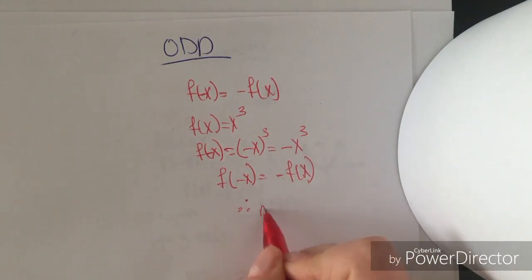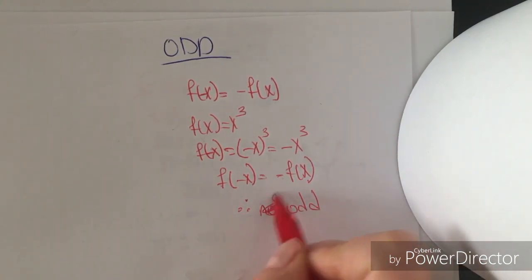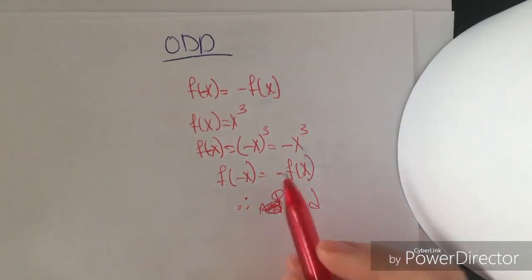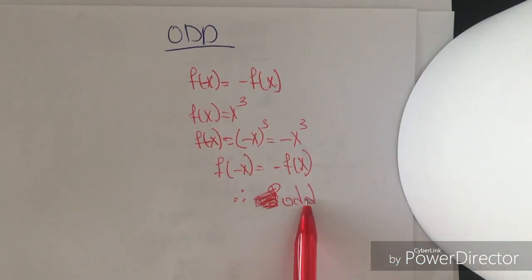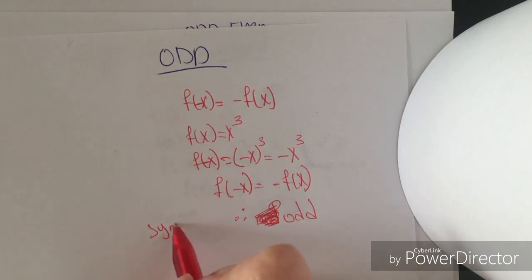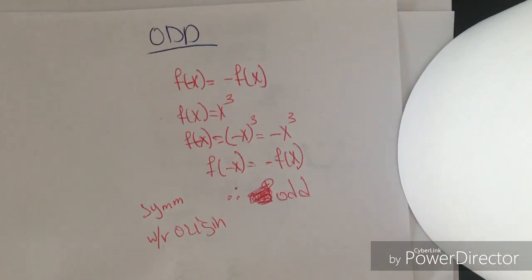This means your function is odd. So that means the function is odd and it's symmetrical with respect to the origin, or it's a 180 degree rotation.